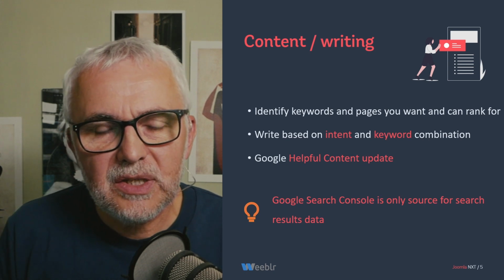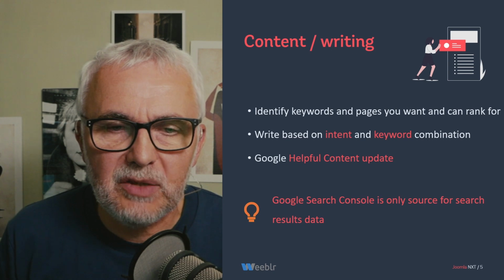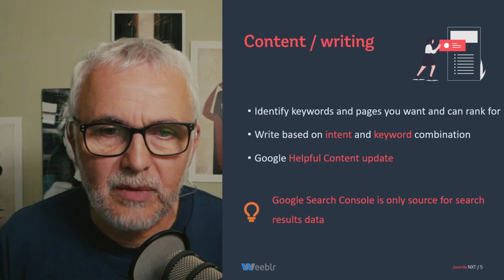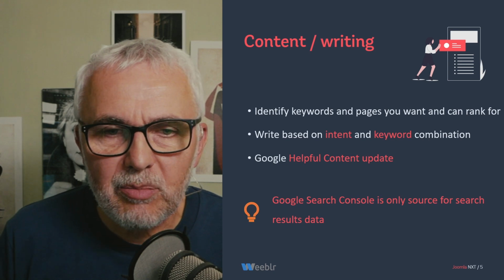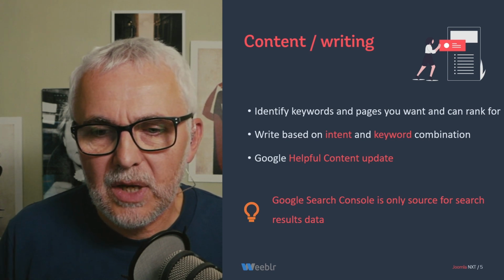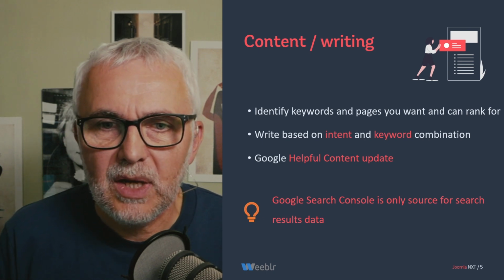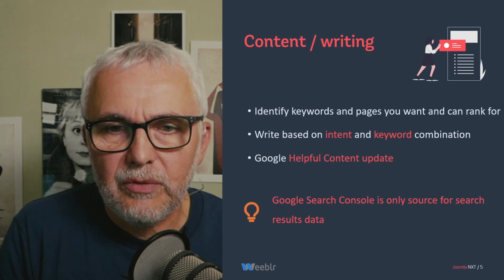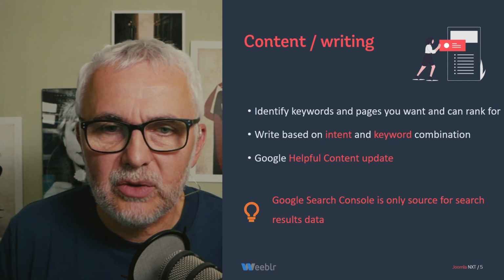And you need to include these keywords into a page that's intended for a specific usage, for a specific search. Because SEO is about replying to a user request, to a user search. So what are the users searching for? And what are the keywords that I can use to reply to that?